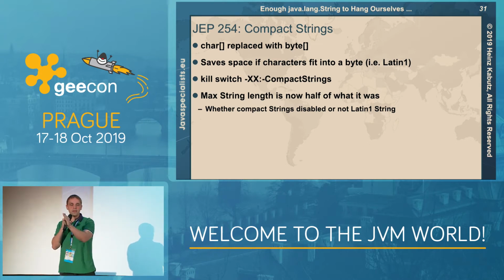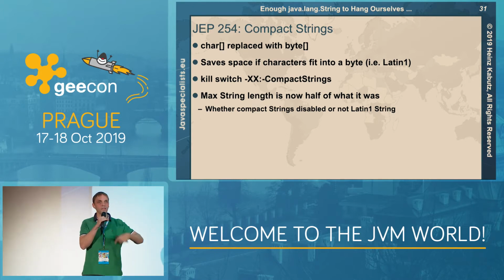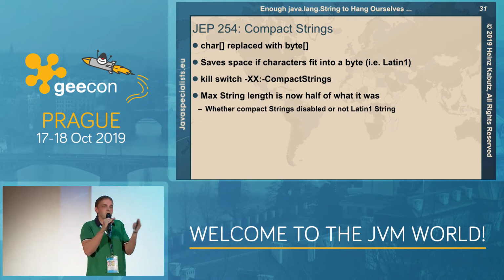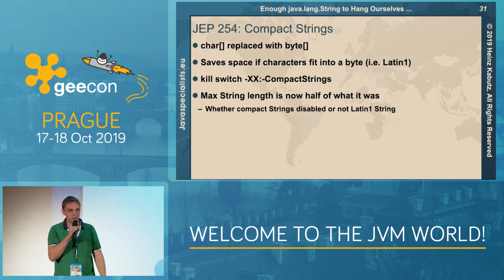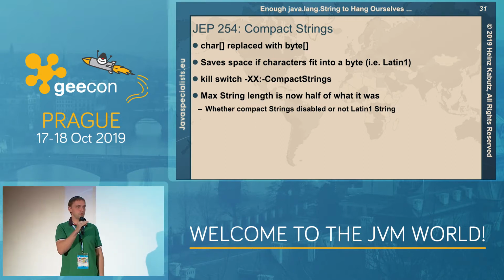And if along the way it determines a non-compressible character, it has to throw away the byte array, create a new one, and keep going. So if your application uses lots of UTF-8, or any strings that don't compress, so basically non-Latin 1 characters, you will have a performance hit, because this will be allocating garbage every time you call. Therefore, you have a kill switch.